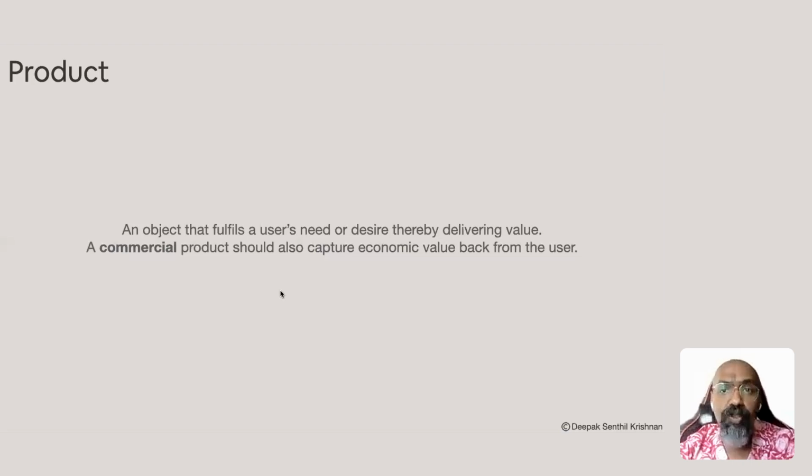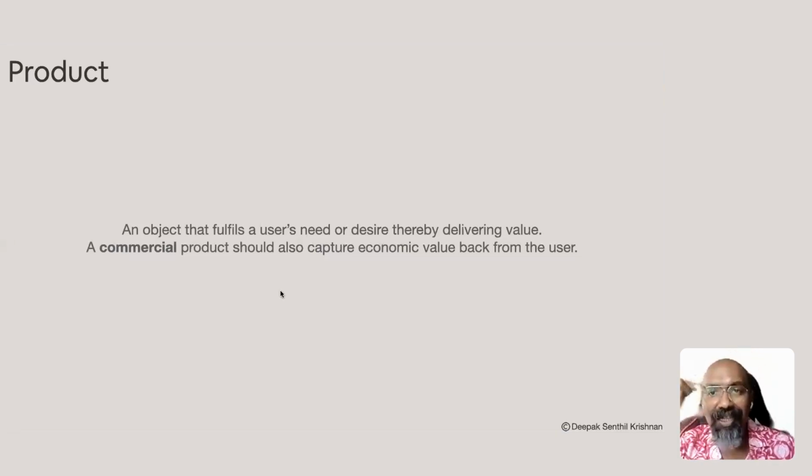Now, there are many types of products in itself. There are products which do not per se have a commercial angle. Take, for example, Wikipedia. That's one such product where there's no commercial angle involved to it. And there are commercial products then like, say a Facebook or an Uber, right?